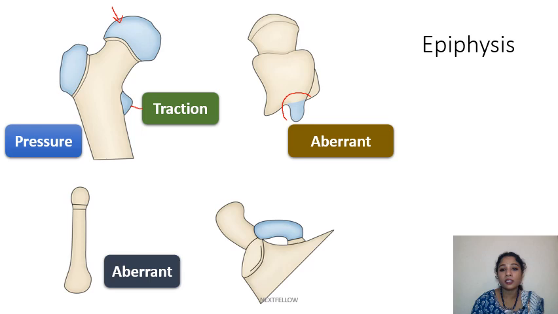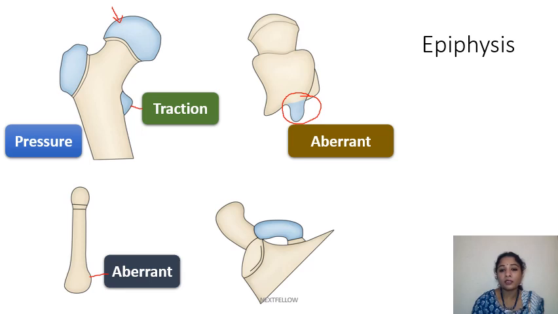We can see here the talus bone, the projection from the talus, posterior tubercle of the talus, which is otherwise called as trigonum, is an example of traction aberrant epiphysis. And also the head of the first metacarpal. So the head of the first metacarpal is also the example of aberrant epiphysis.